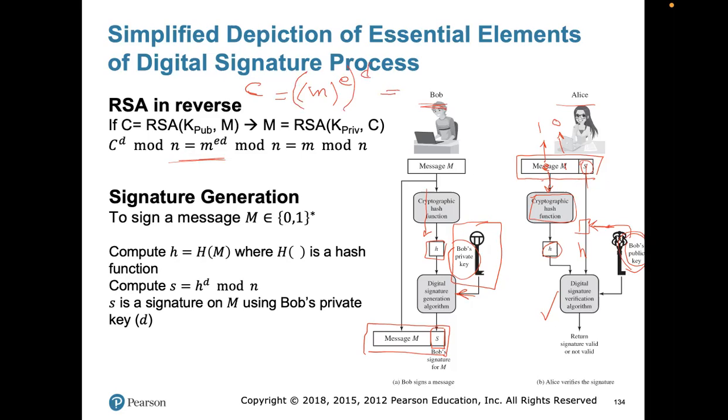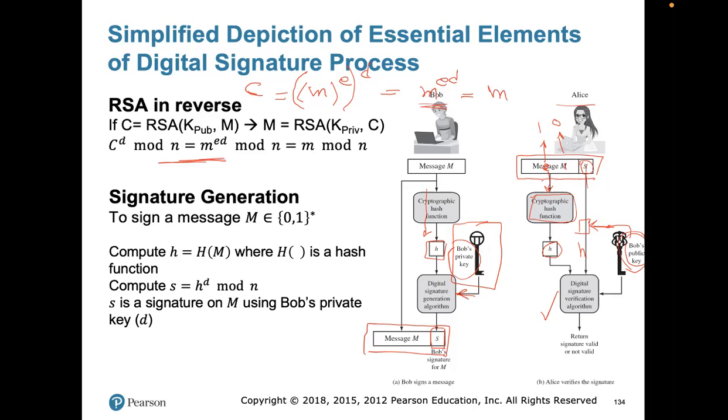And later, I didn't actually show, I just mentioned, that based on Fermat's little theorem, M to the power of ED, of course we are talking about modular arithmetic, if everything is modulo n, this equals M.